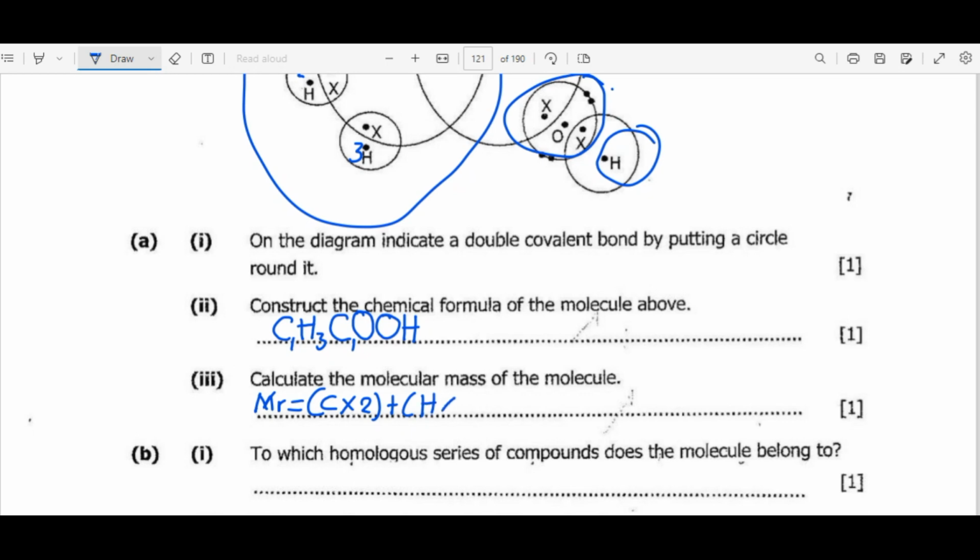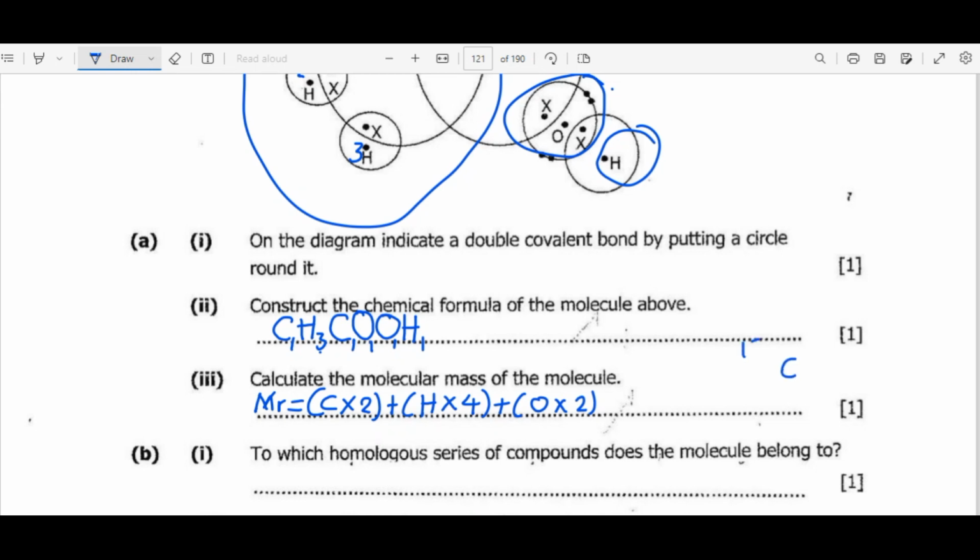So hydrogen multiplied by, here we have 3, plus this one 4. So hydrogen times 4, plus what else is remaining? Oxygen multiplied by, we have 1, 2. So times 2.